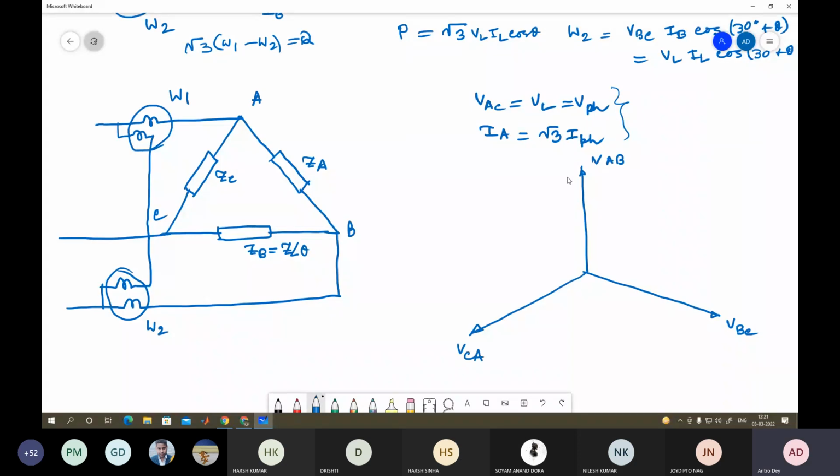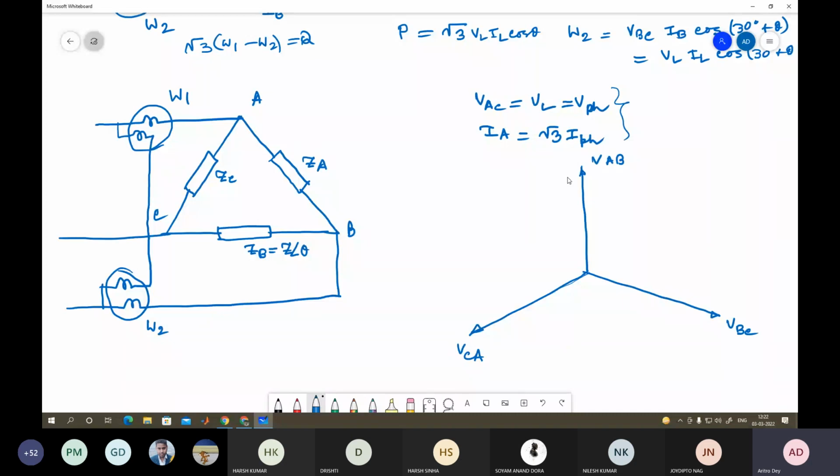Okay, so now when you check your wattmeter W1, there it is measuring VAC between these two. VAC, that means this one. If you really want to take polarity, then we'll take it on the other side. We'll see how we'll draw it.